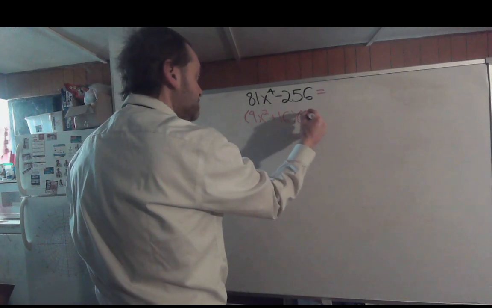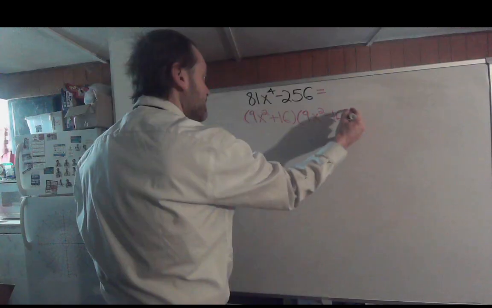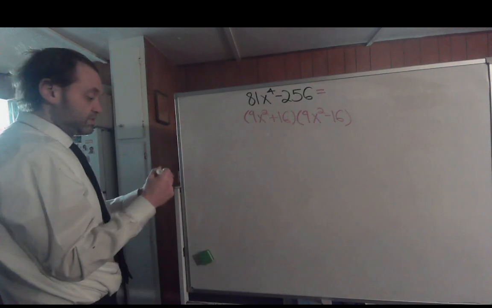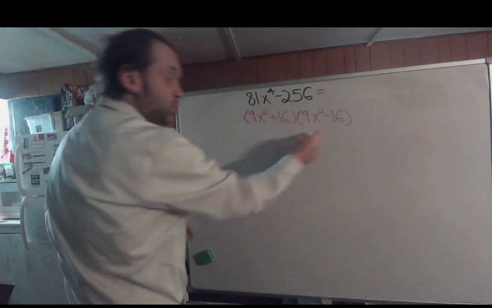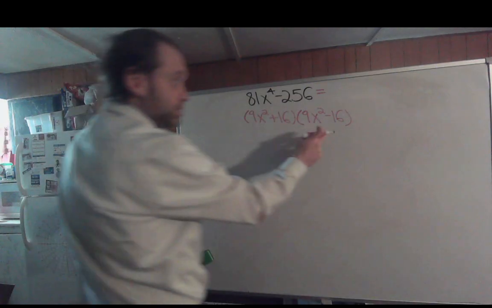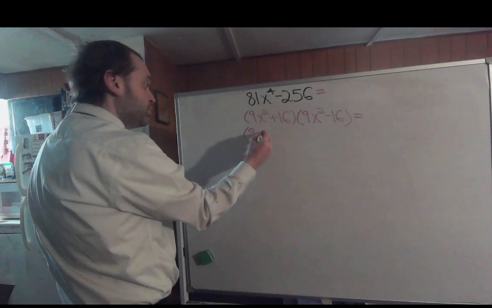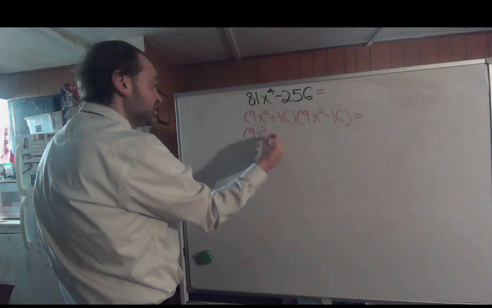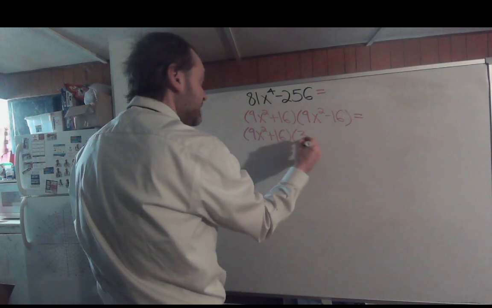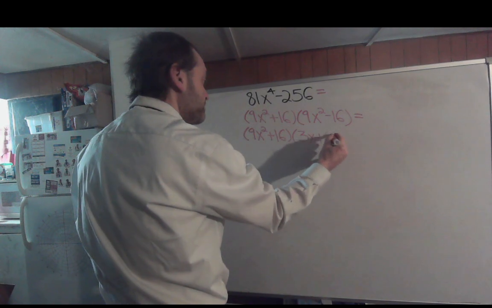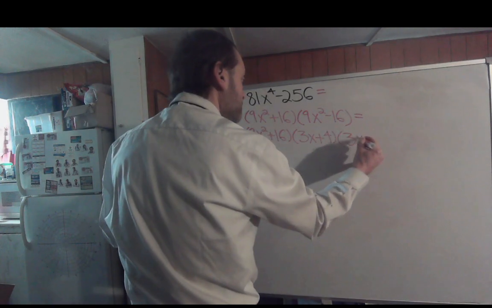And as a byproduct, I'd also get 9x squared minus 16. If you treat this as a difference of two squares, well, the 9x squared minus 16 will factor further since that's also a difference of squares. So what you'll end up with is 9x squared plus 16, that quantity, times 3x plus 4 times the quantity of 3x minus 4.